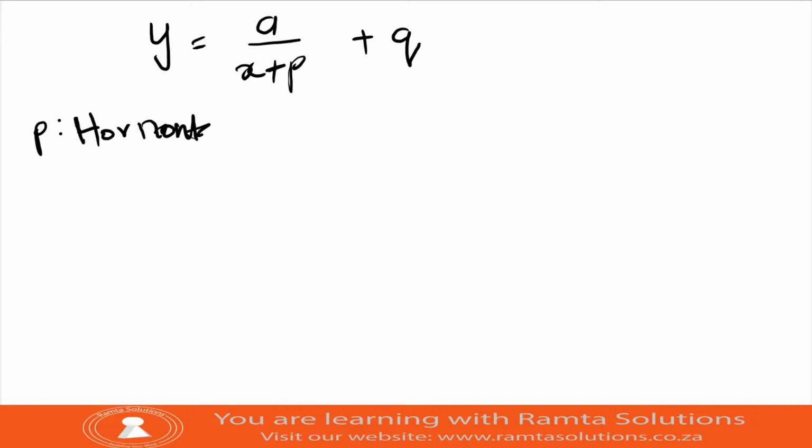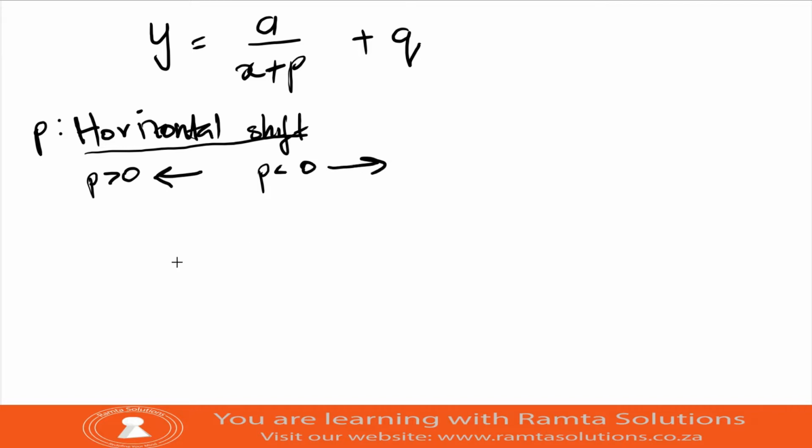Remember, I said when it comes to shift, it means the same thing as it meant in parabolas. When p is positive, it shifts to the left. When p is negative, it shifts to the right. P also represents vertical asymptote.